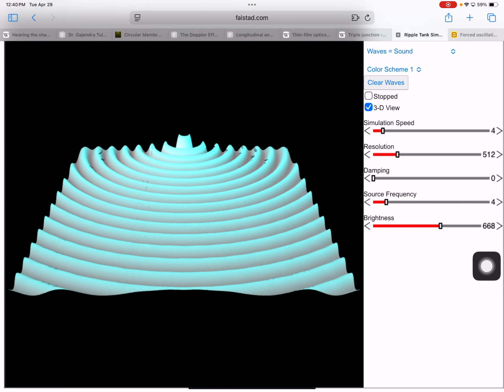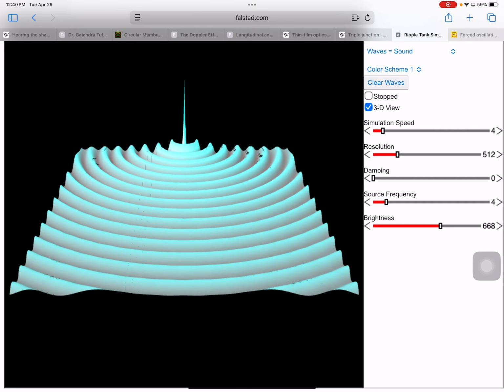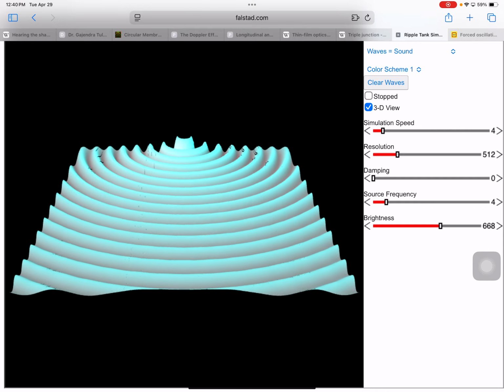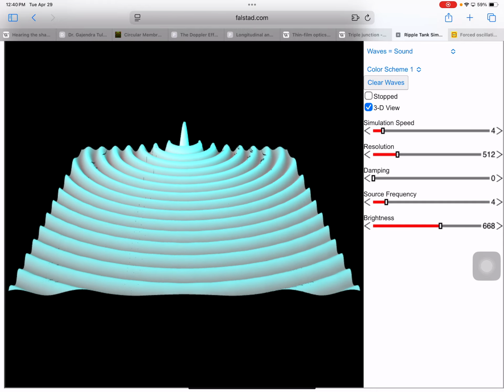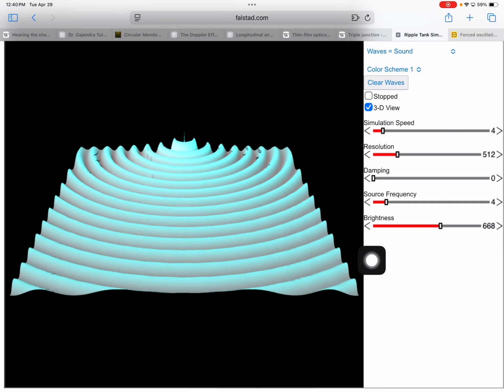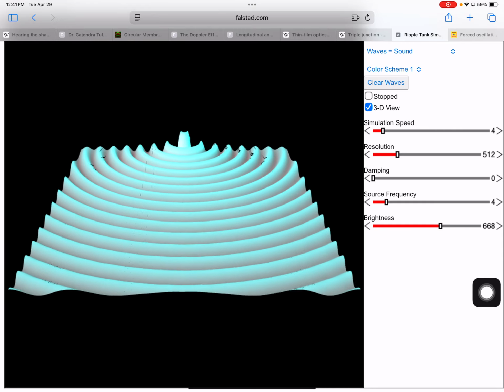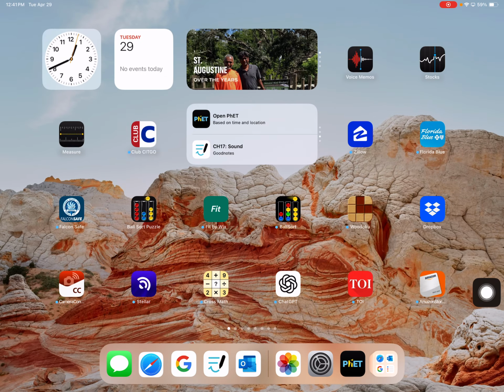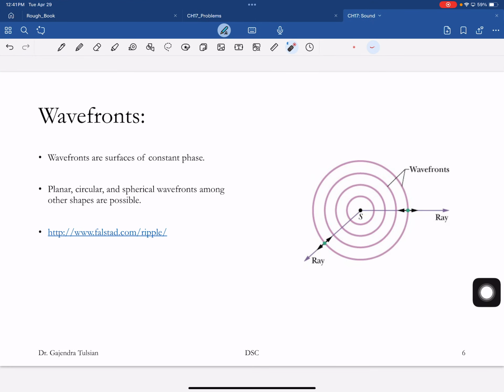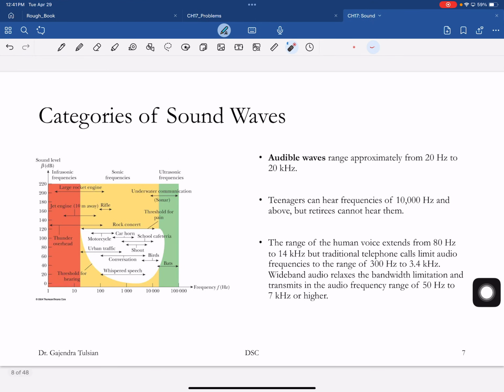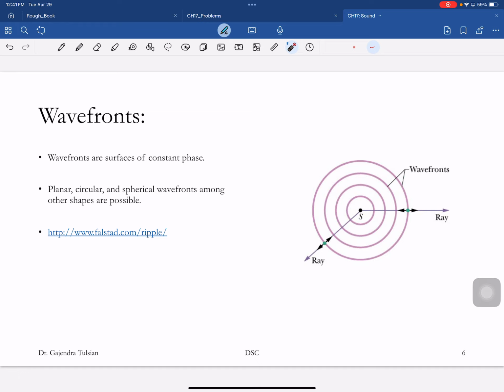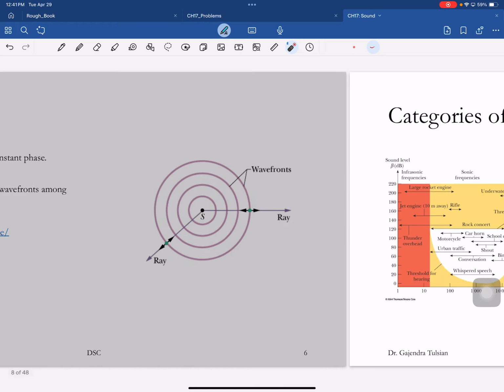When you go to the beach, what you're seeing is a line of crests coming at you. So you can have all kinds of shapes, but the energy is traveling perpendicular to the wavefront. Planar, circular, and spherical wavefronts, among other shapes, are possible.